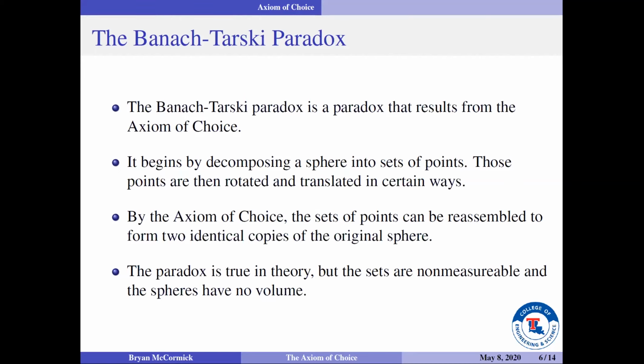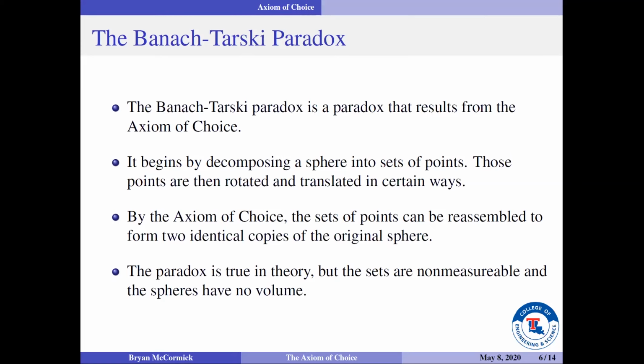And some certain rotations and translations are defined. The proof is pretty rigorous and complicated, but they take these points, they rotate them, they translate them, and you can use the axiom of choice to reassemble these sets of points and get 2 identical copies of the original sphere, which goes against all logic.